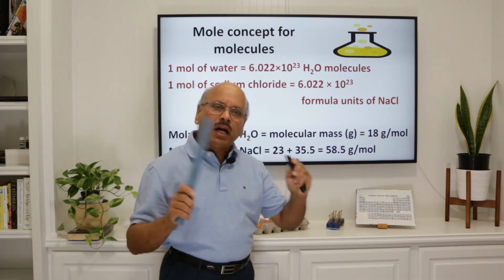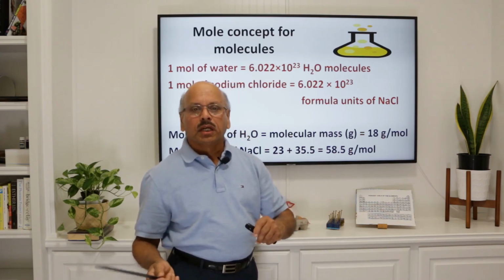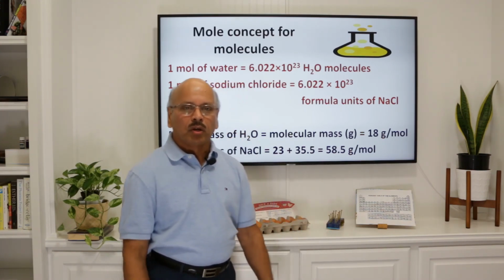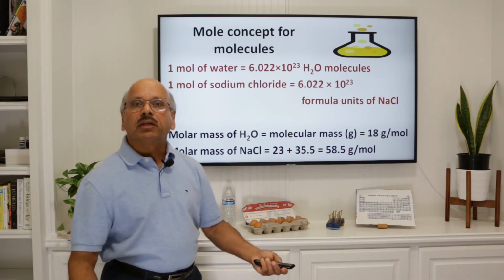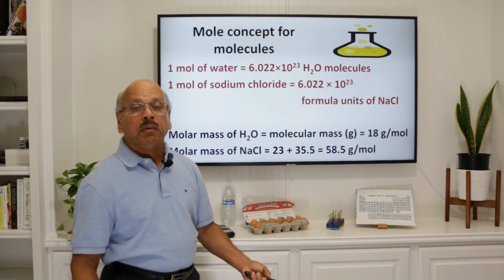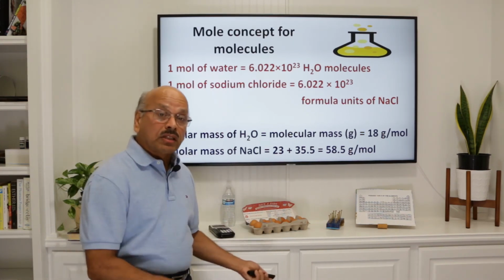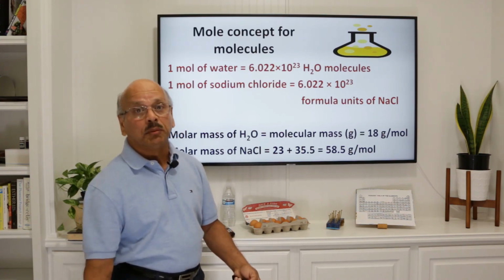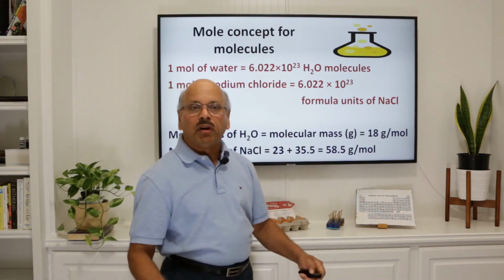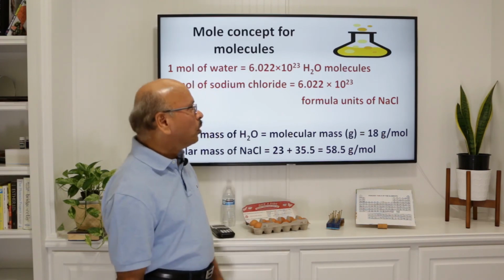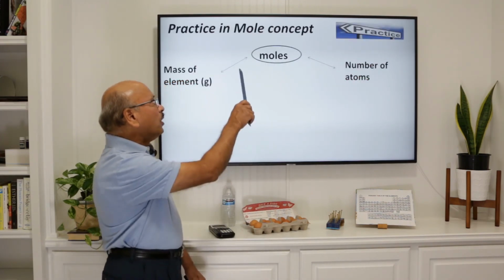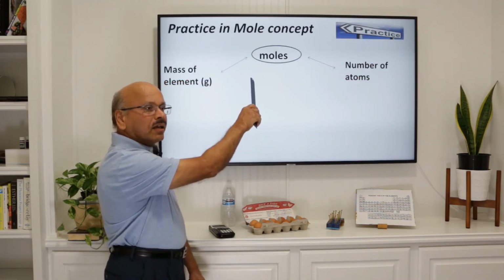Every mole, whether it be atoms or molecules, contains the same number, which is the Avogadro number. And the second thing is the mass, the molar mass, which, if it is atoms, you say atomic mass in grams per mole. If it's molecules, you say what? The molecular mass in grams per mole. So that's the idea. It's just like a coin.